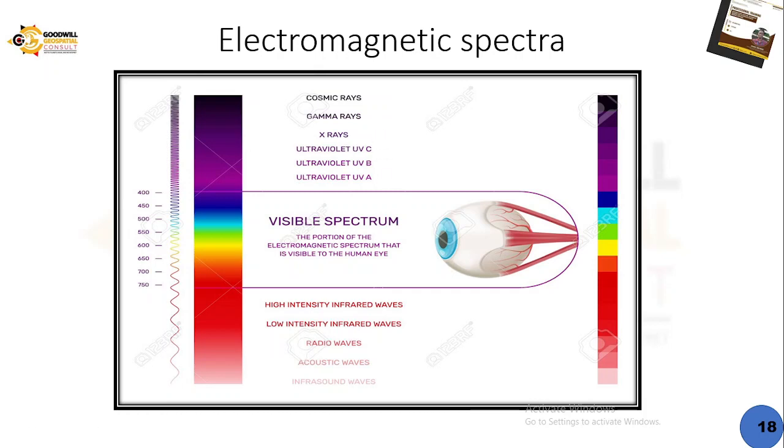Similarly, our eyes can't see below 400 nanometers of wavelength radiation. So our eyes can see white light, which can be decomposed into the rainbow colors. It's very interesting.